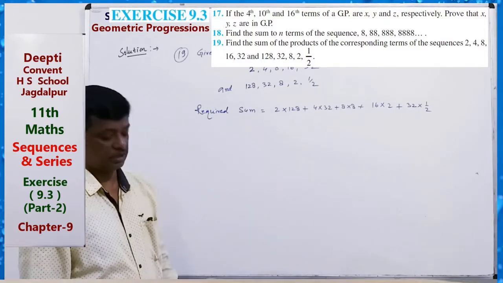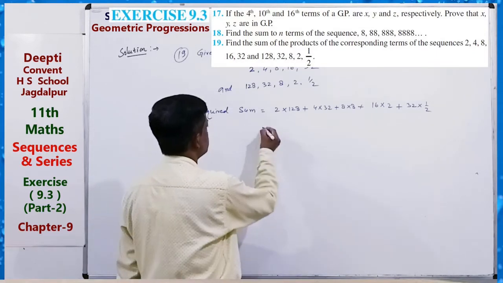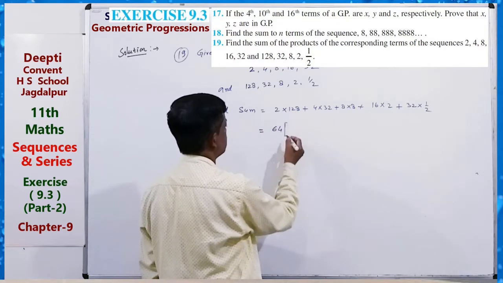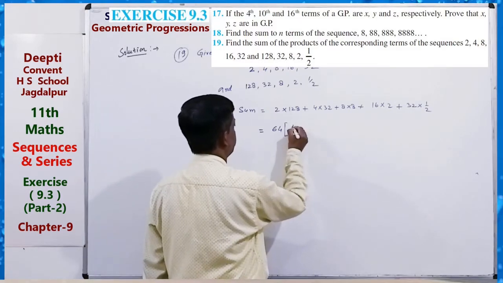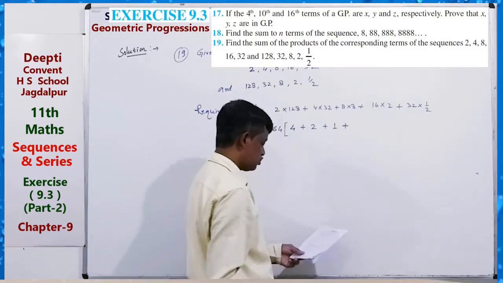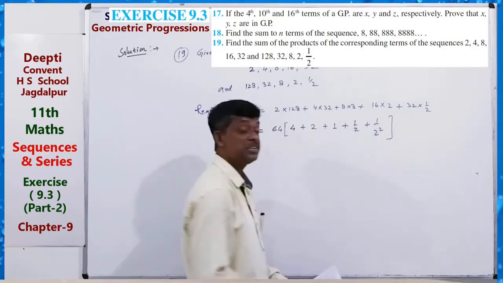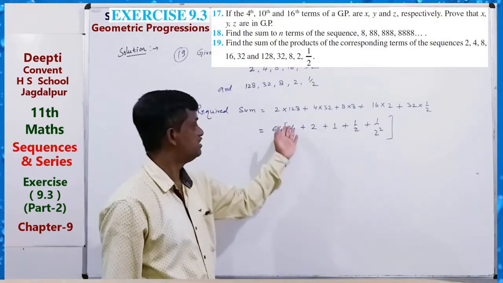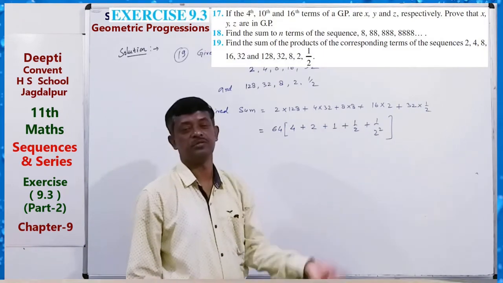We can see here that if we take 64 common, we get 4 plus 2 plus 1 plus 1 by 2 plus 1 by 2 square. The inner part is a GP, with ratio 1 by 2.